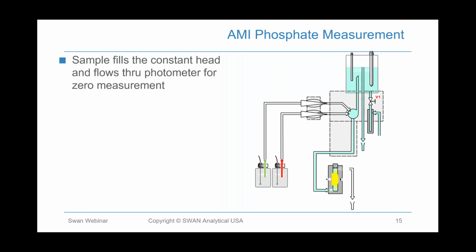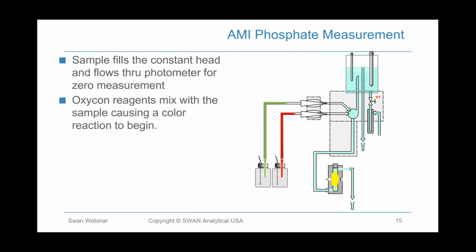So we talked about the constant head fills up and the sample flows down into the measurement chamber, the photometer, for our 0 measurement. Then we call Oxycon, that's our branded reagent that is fed into the sample, causing the color reaction to begin.